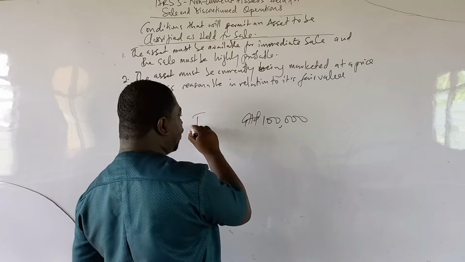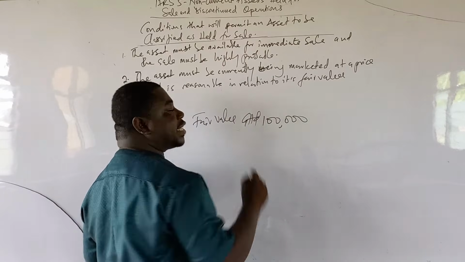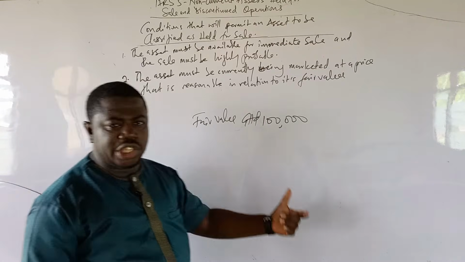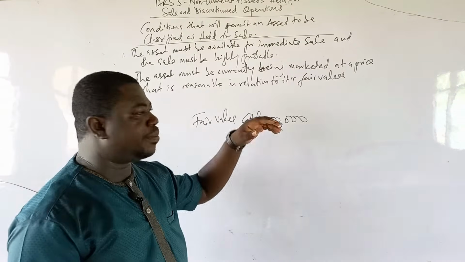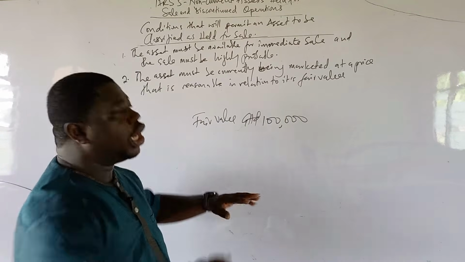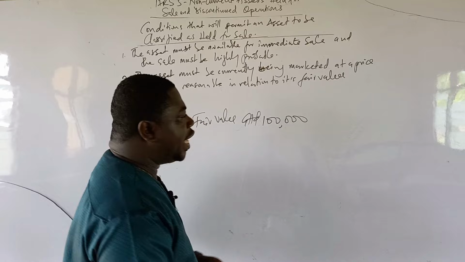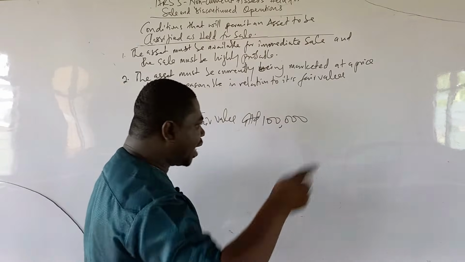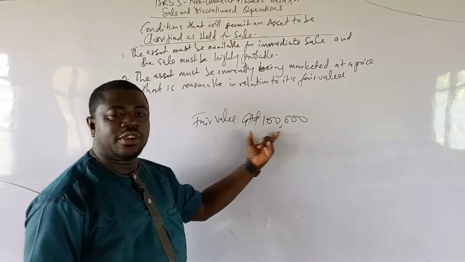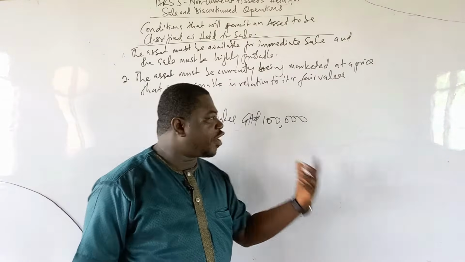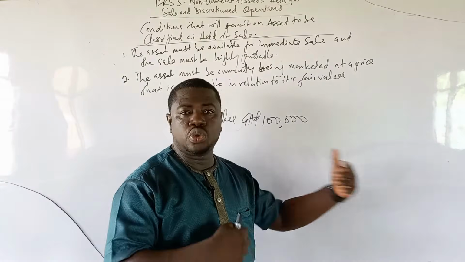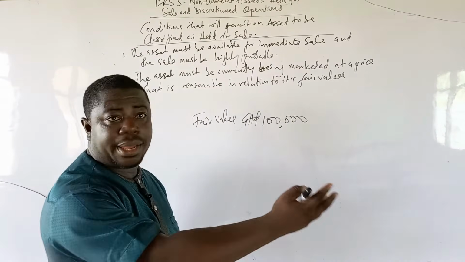Now, if this is the fair value that we all know, sometimes it may not even necessarily be the market value, but looking at the condition of the asset, you have used it, it has depreciated, it is not in very good condition, or it is in a good condition, whatever condition that you find yourself. If a similar asset on the market is going to sell for 100,000, then it means that the fair value of that asset is 100,000, because the fair value of an asset is the amount at which an asset will be exchanged between two knowledgeable and willing parties in an arm's length transaction.